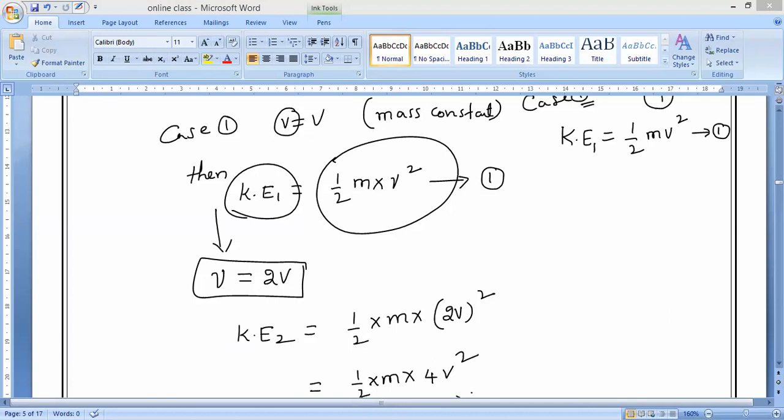And if the velocity of the body is halved, then its kinetic energy becomes 1/4.